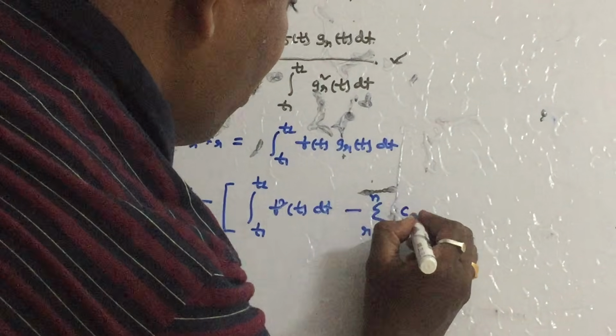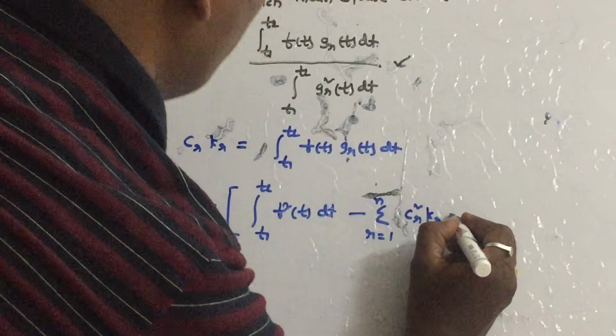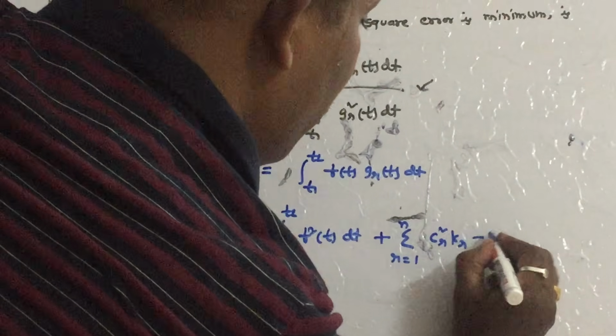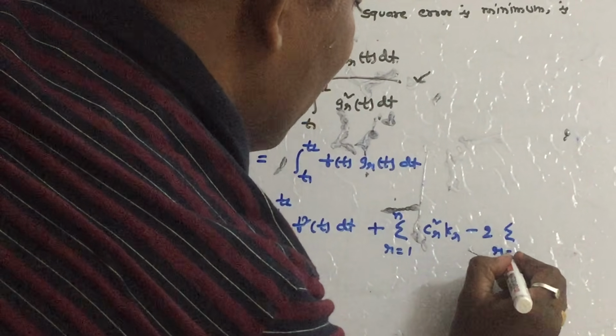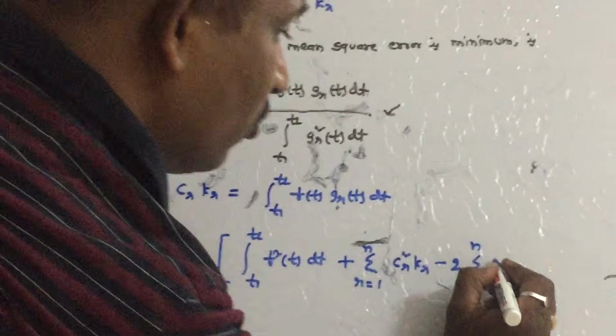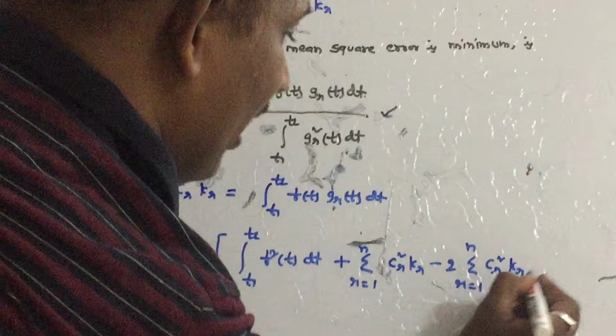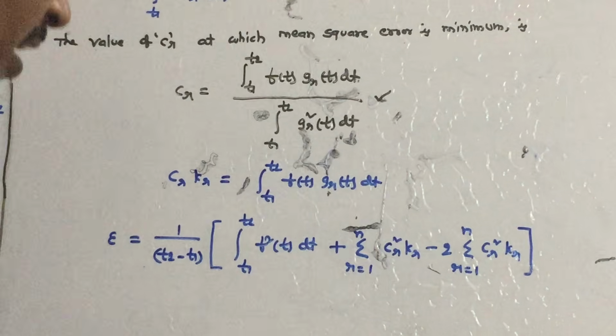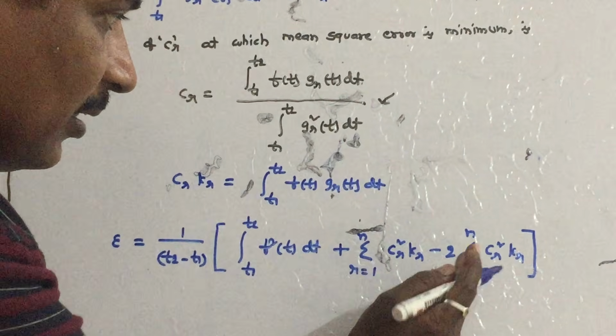What is the first term? cr square into kr. This is plus minus 2 into summation r is equal to 1 to n. What is the second term? cr into cr kr. Substituting cr into kr, it becomes cr square kr. So subtract this term from this.